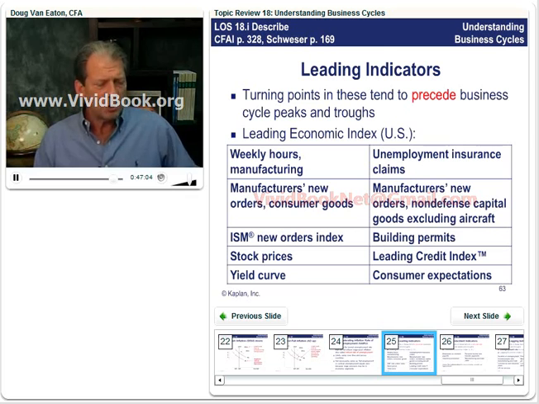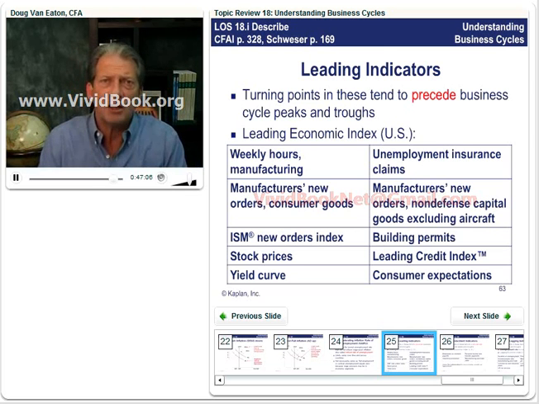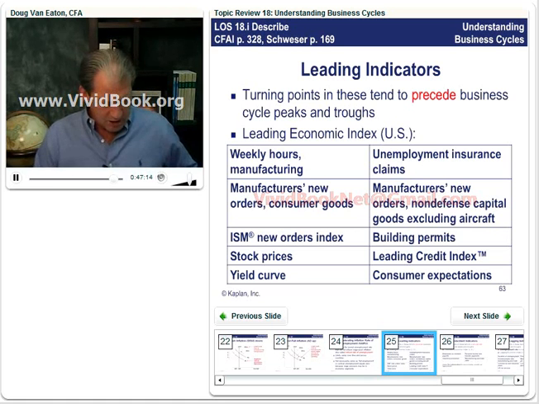Okay, the last part of this reading, and trust me, we're just about done, and I've got some real good news for you. This is the last learning outcome statement for this reading, and it says, describe economic indicators, including their uses and limitations. There used to be another one last year.